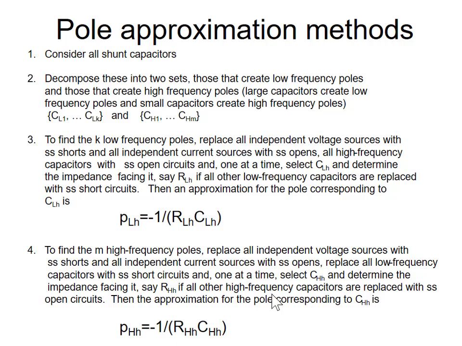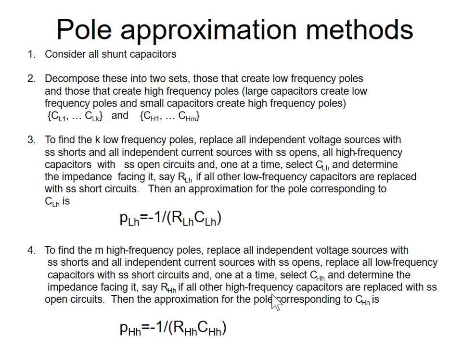To find the high frequency poles, we again look at the small signal equivalent circuit. At high frequencies, those low frequency capacitors are looking like short circuits. So we're going to replace all the low frequency capacitors by short circuits. But we're low enough in frequency that we don't see the rest of the high frequency capacitors.